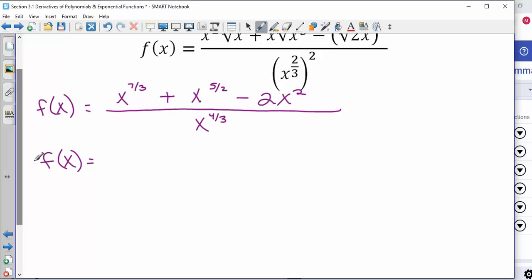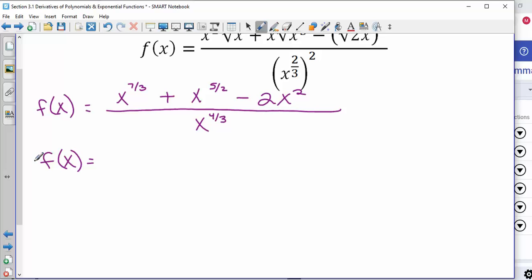The second step I need to do, I cannot do the derivative if it is a fraction. But since there's only one term on the bottom, I could simplify by putting each one over that term. Rules of exponents, if you have it on top and bottom, you just subtract those exponents.